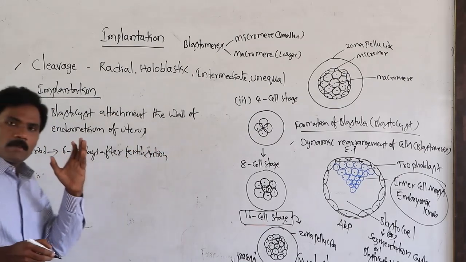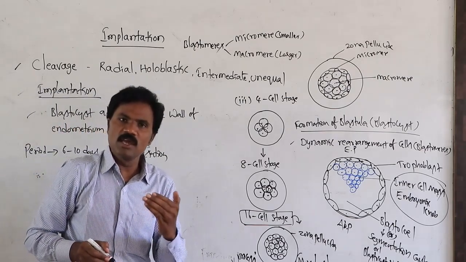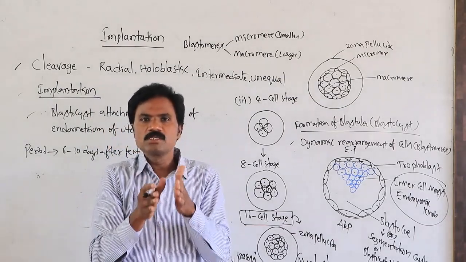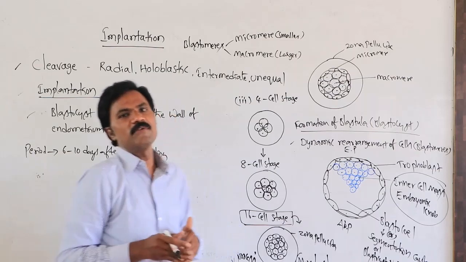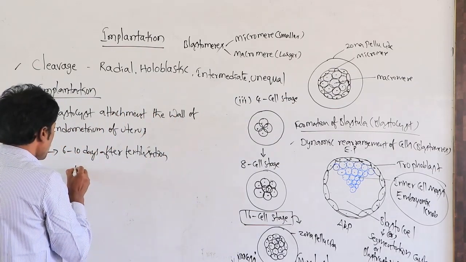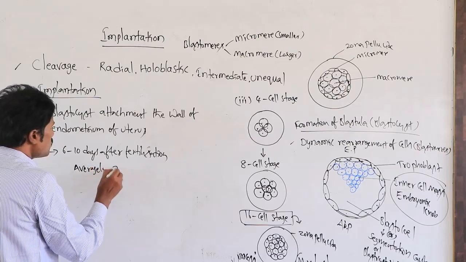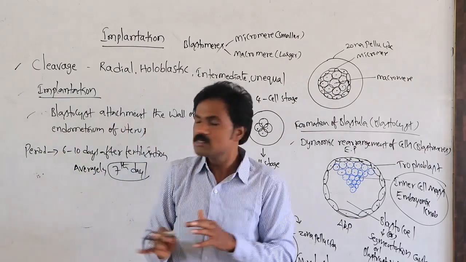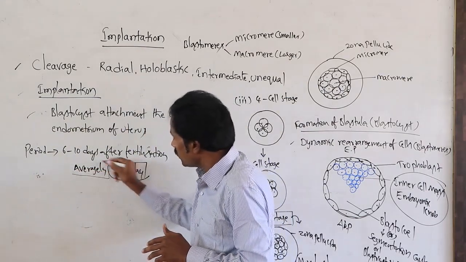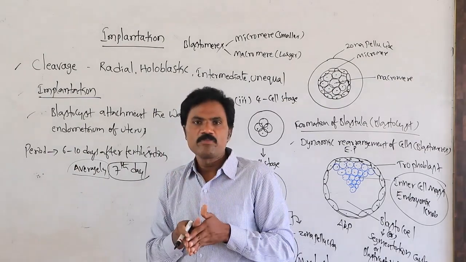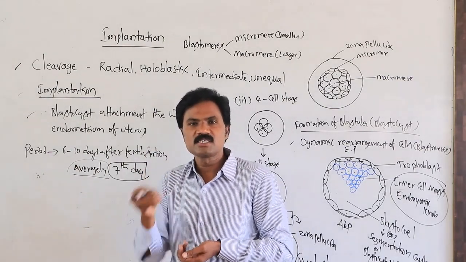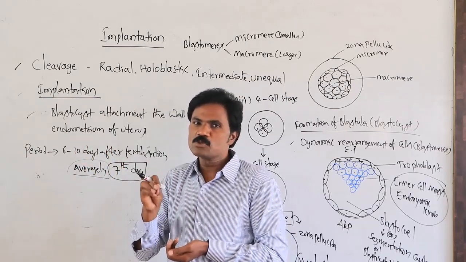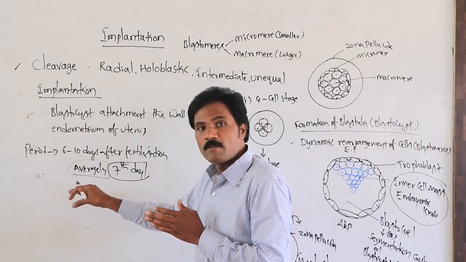But exactly, it may be the 6th day, 7th day, 8th day or 9th day on average. If you want one specific day, on the 7th day exactly the blastocyst attaches to the wall of the endometrium of the uterus. So this is the period of time.